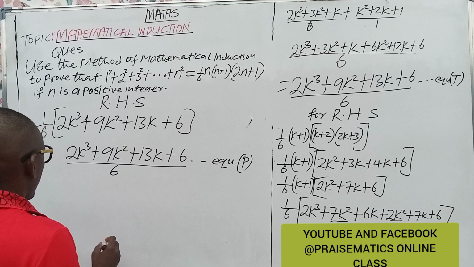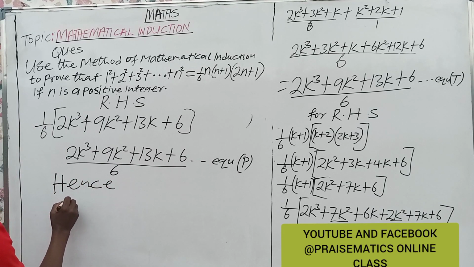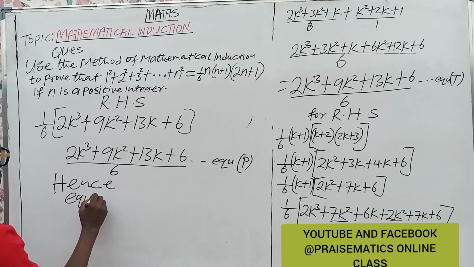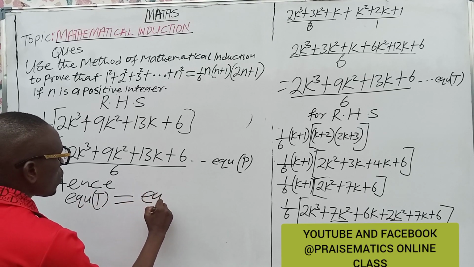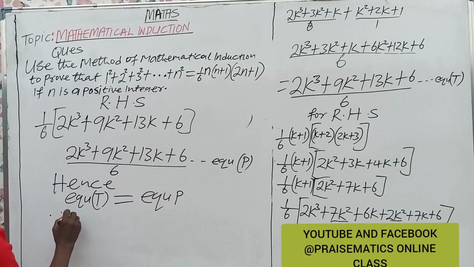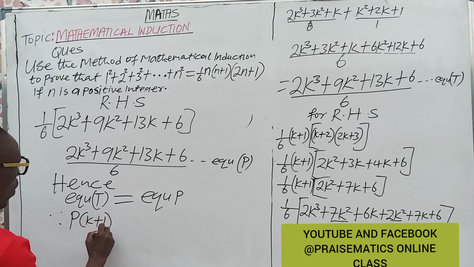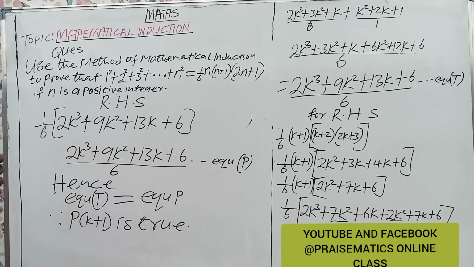Equation T. You can now say, hence, equation T is equal to equation P. Therefore, P of (k plus 1) is true. That is how to solve.